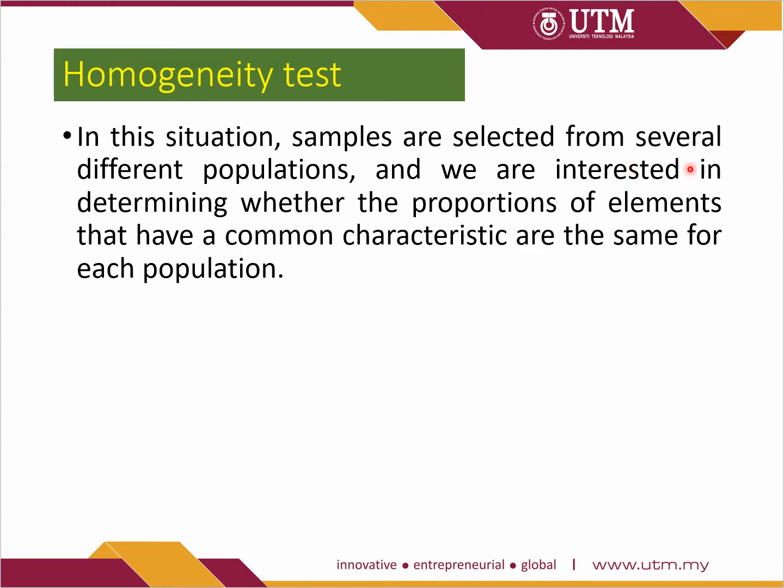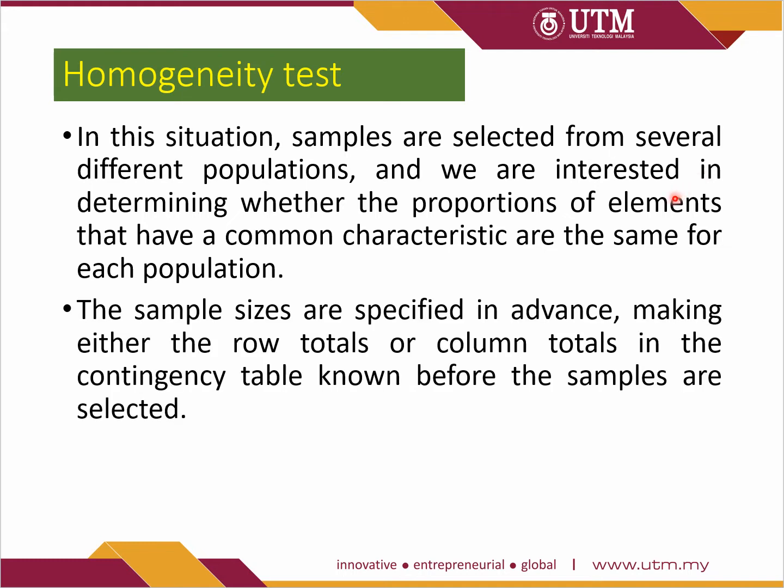Meanwhile, the homogeneity test determines whether two populations come from the same distribution, even if this distribution is unknown. The sample sizes are specified in advance, making either the row totals or column totals in the contingency table known before the samples are selected.